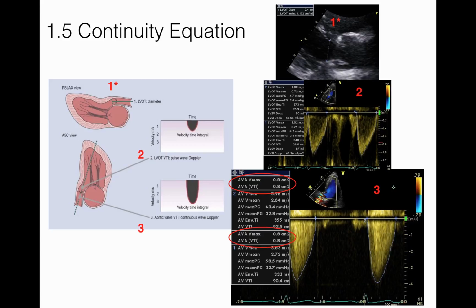This calculation relies heavily on the accurate measurement of the LVOT diameter. A small error in measurement is magnified in the calculation because a single linear measurement is used to estimate a cross-sectional area.